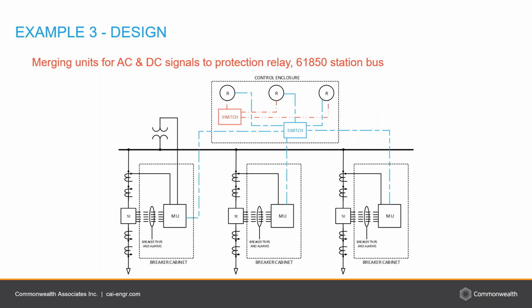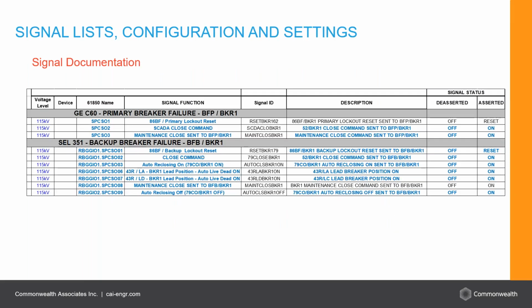So we're about to move on to the configuration settings documentation part of this. So our first example is just signal documentation. You know, what relay or what relays are putting out, what they are publishing, and what the point names are called. So this is just an example of what that might look like. Those of you that are familiar with SCADA point sheets, this looks very, very similar to that.